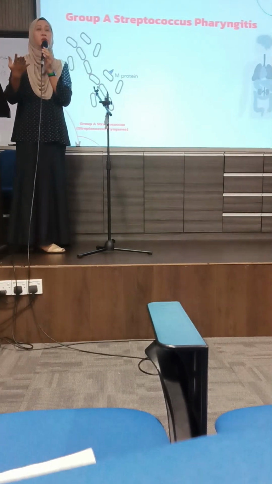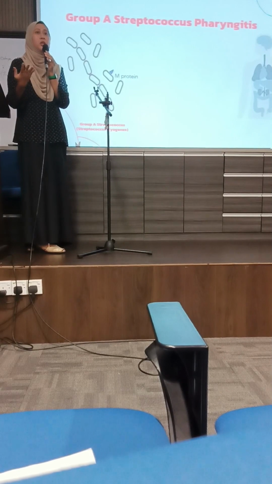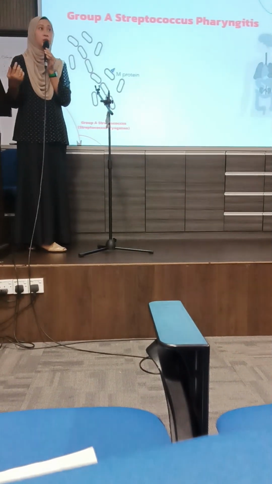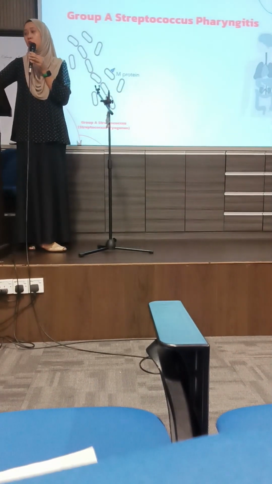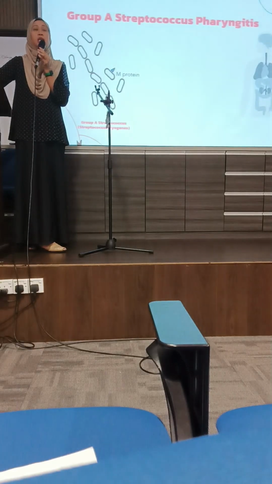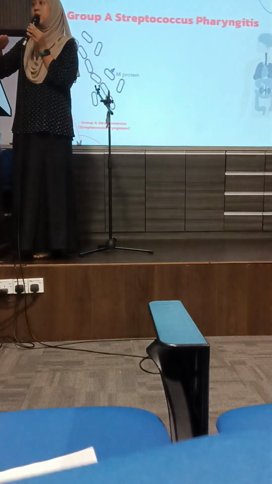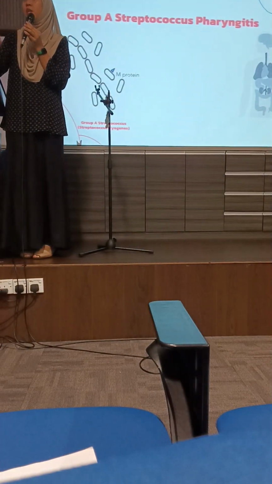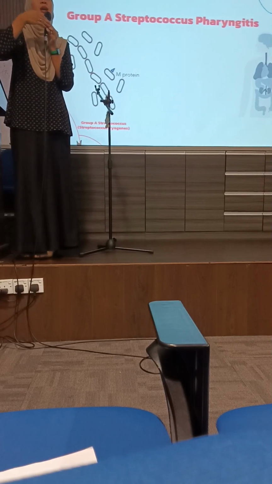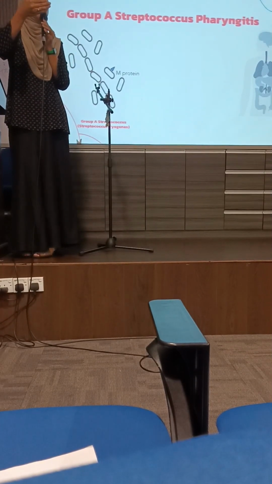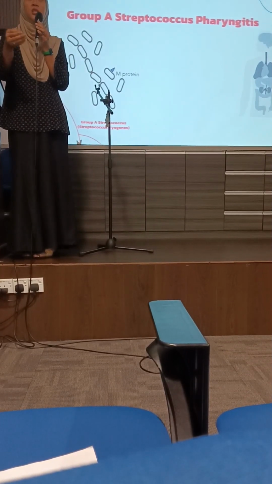How does the body mount a response to antigens usually? Antibody. It produces antibodies, right? So the body will produce the antibody, and usually they produce IgM. In the acute infection, it will produce IgM, and then after the IgM is produced, the body now makes IgG.